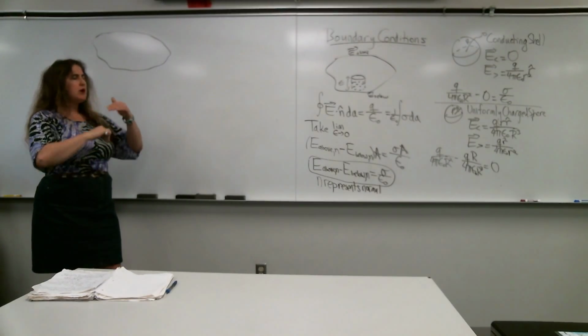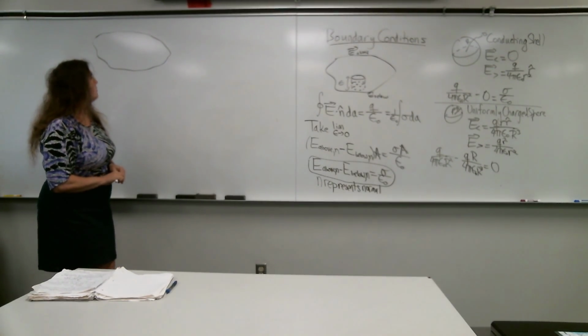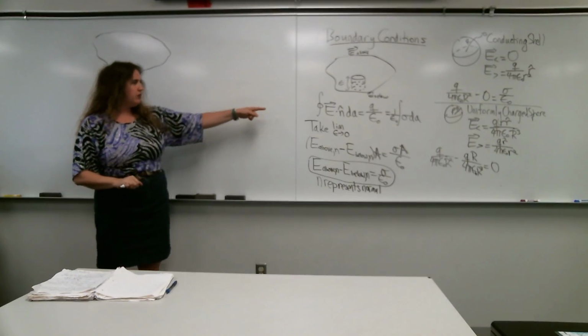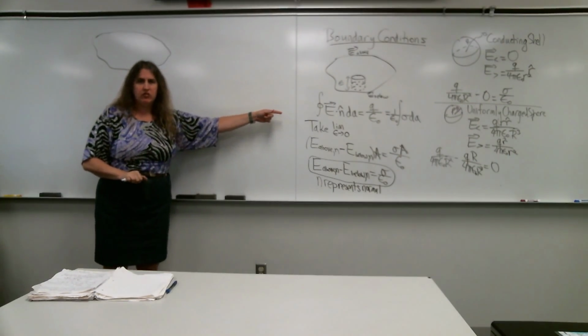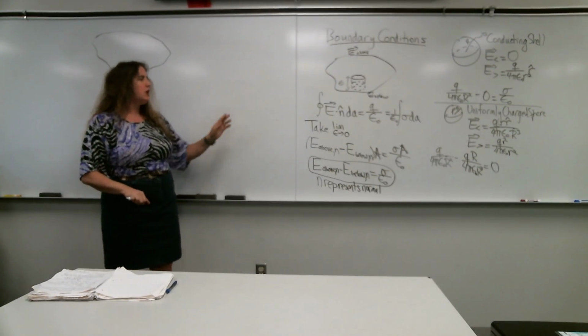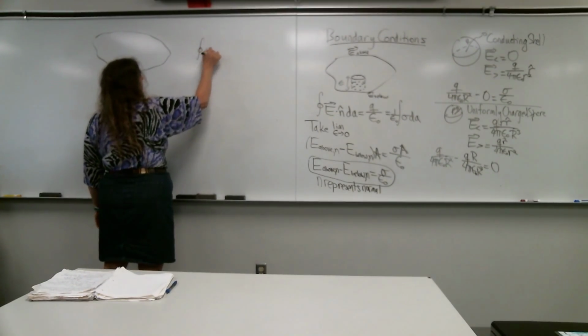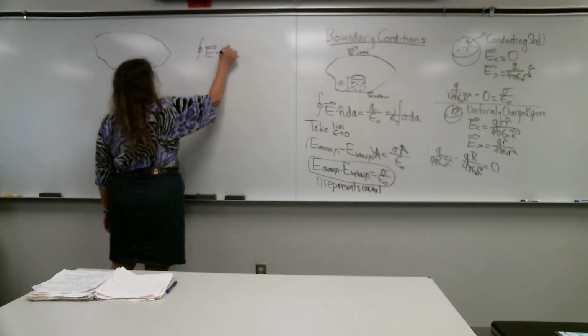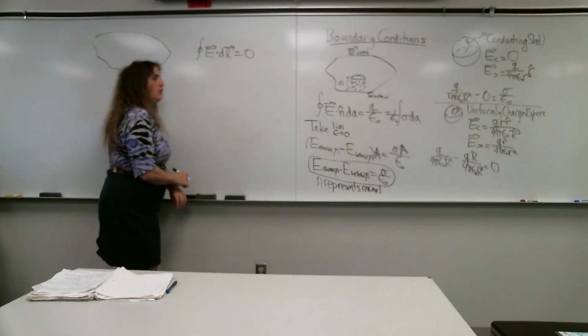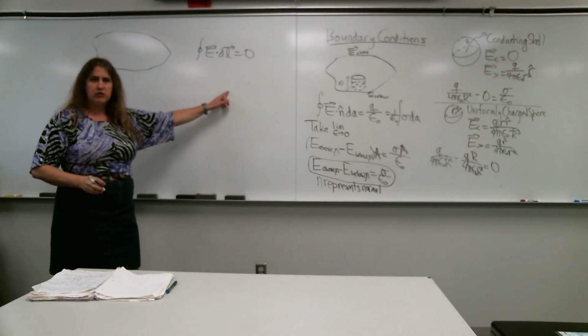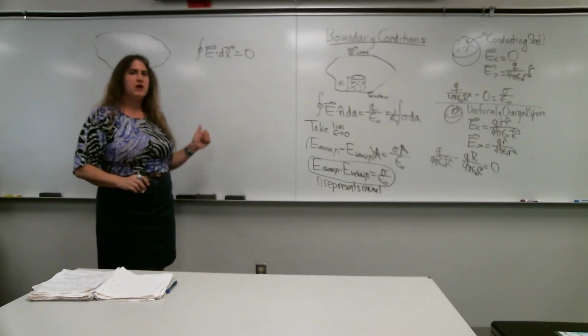Could be irregularly shaped, it doesn't really matter. I have to use a different expression to investigate the tangential behavior of the electric field. I'm not going to use Gauss's law. I am going to use the fact that the line integral of an electric field around a closed path must vanish.